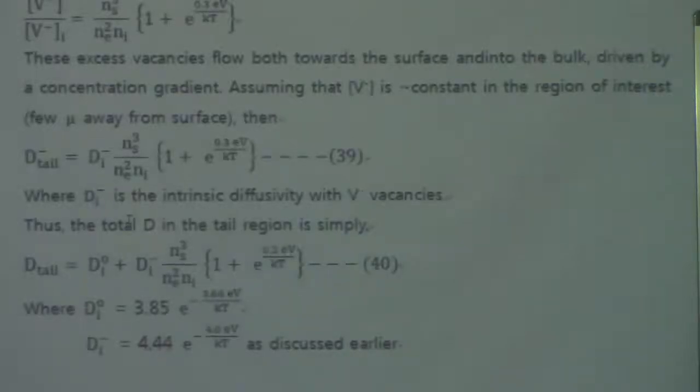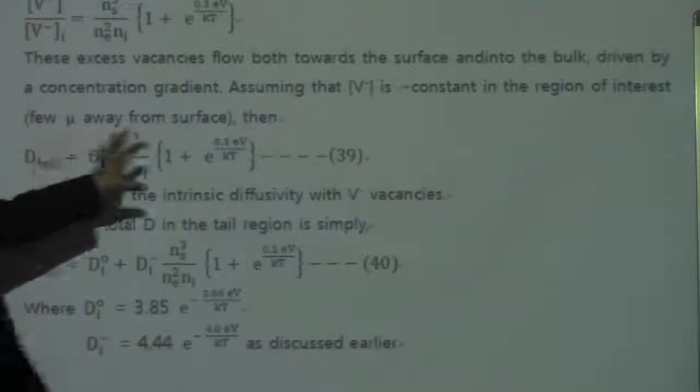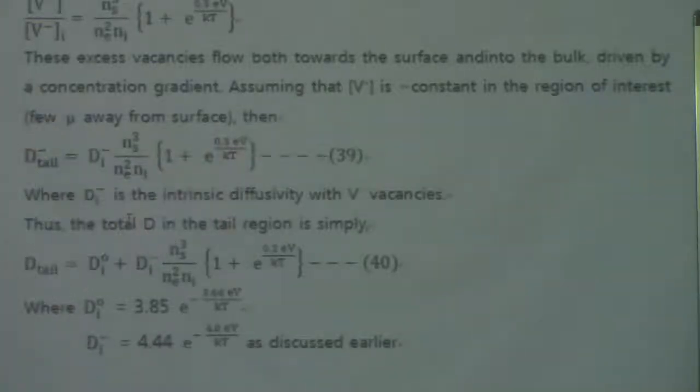Here the subscript i means intrinsic diffusivity. Intrinsic diffusivity means the diffusivity according to the coupling with singly negatively charged vacancies. We have those values, right? So actually we have this much enhancement in the equation shown in equation 39.